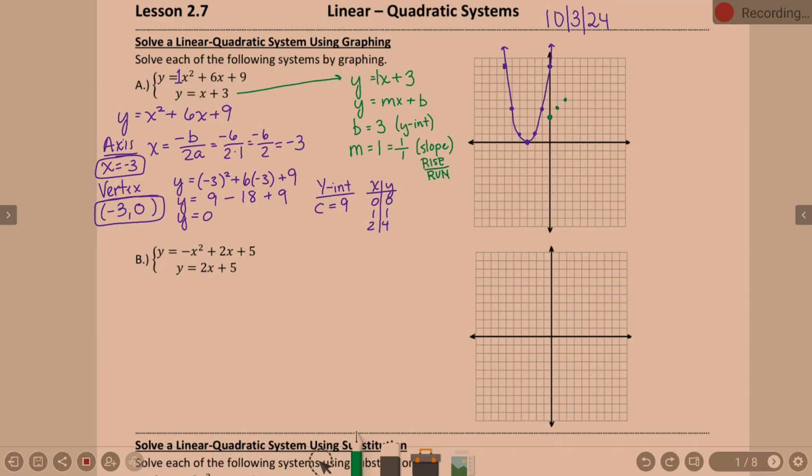I can keep making an infinite amount of points, yes? But is going up 1, right 1 really helping me? Not really. I should probably reverse this and do down 1, left 1. Down 1, left 1.